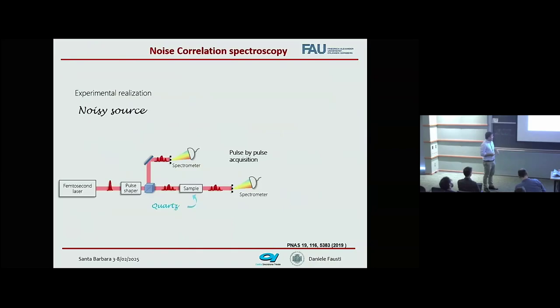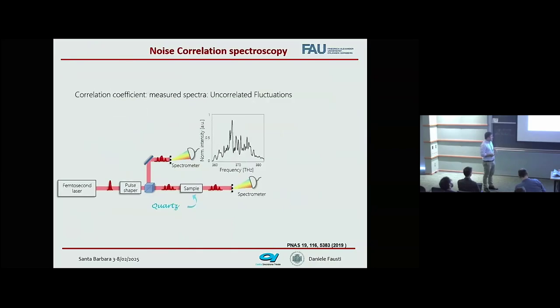I will not explain this, but we developed means to produce very phase-randomized states, where basically I introduce fluctuations in my light pulses which are uncorrelated in frequency. We developed this over a few years in different papers; this is the starting paper, but there have been a few others.